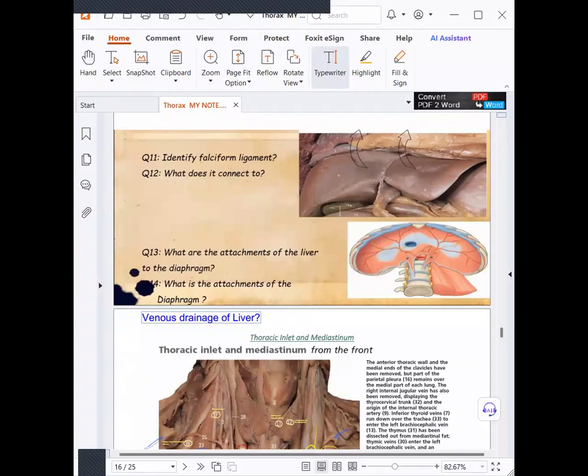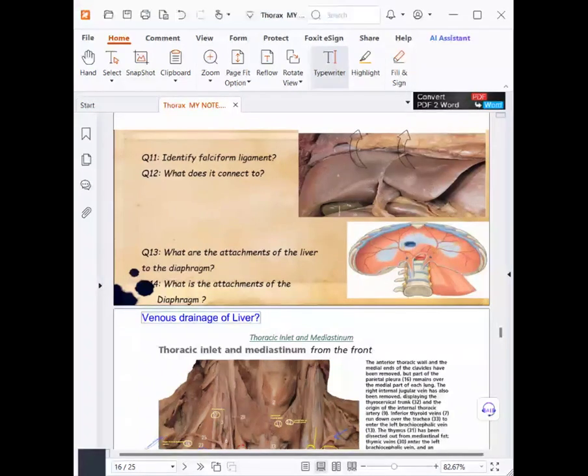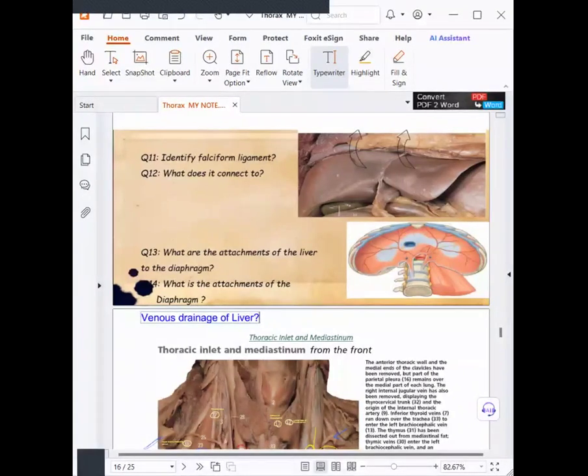Anatomically, we can differentiate by the attachment of the falciform ligament anteriorly and posteroinferiorly by ligamentum teres and ligamentum venosum. Also, the left lobe is related to the stomach, lying in front of the stomach.